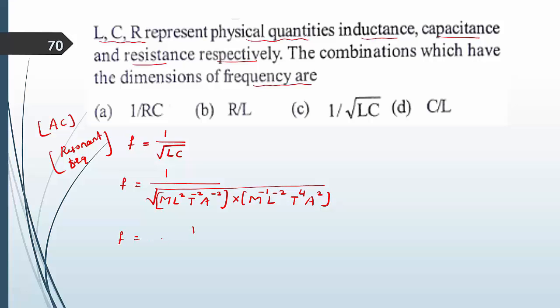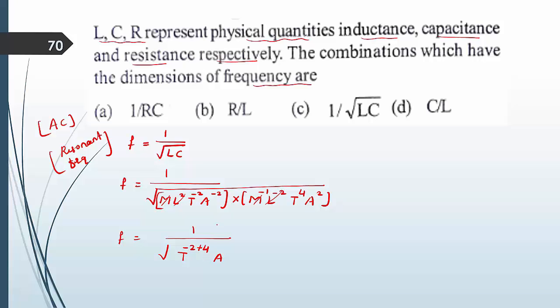So we will get 1 divided by root of M and M raised to minus 1. M raised to 1 and M raised to minus 1 will be 0, leave it. L raised to 2, L raised to minus 2, so this will also be 0, leave it. Then the third term, T raised to minus 2 and T raised to 4, so we can write minus 2 plus 4.